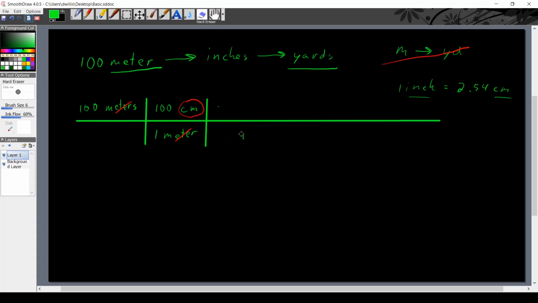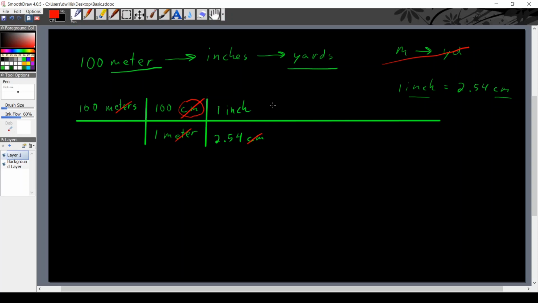People just want to put the 1 on the bottom, and that is not always what you need to do, okay? In this case, I need to put the fact that 1 inch is equal to 2.54 centimeters. All right. And so at that point, my centimeters will go away. Now I'm in inches.